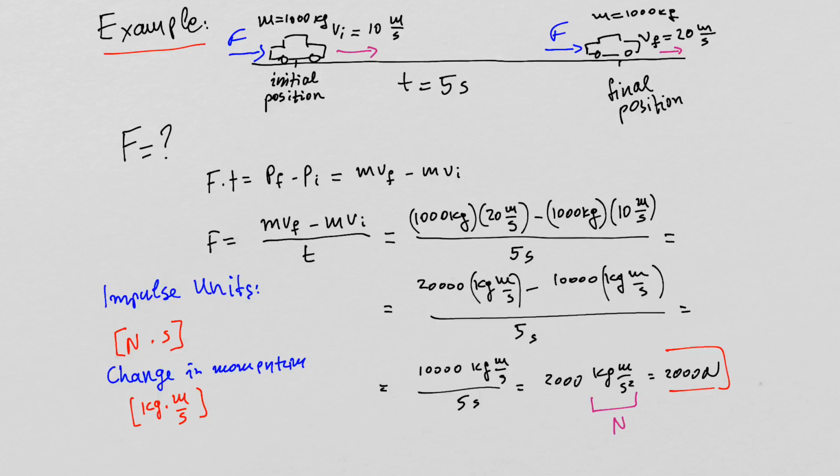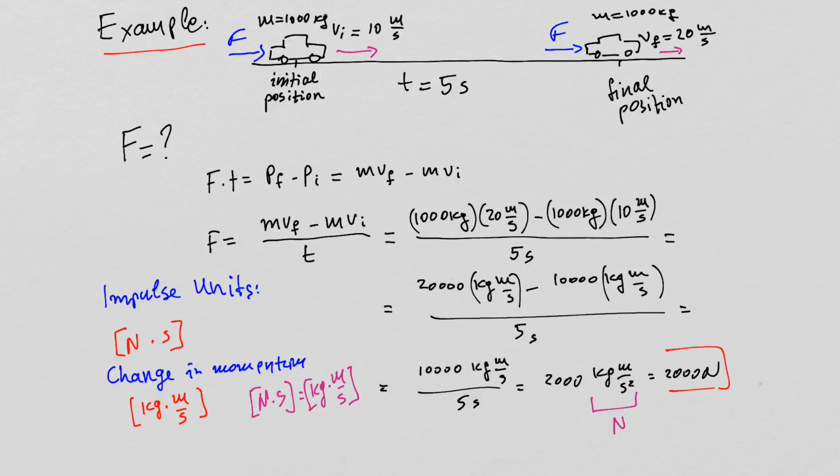And so we can say that Newton seconds are equal to kilograms meters per second. It is the same thing. So this is a side note just to sort of get your attention on that point.